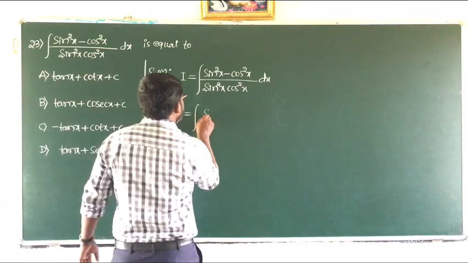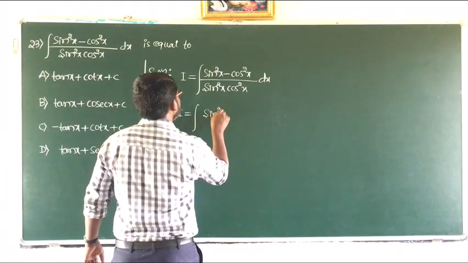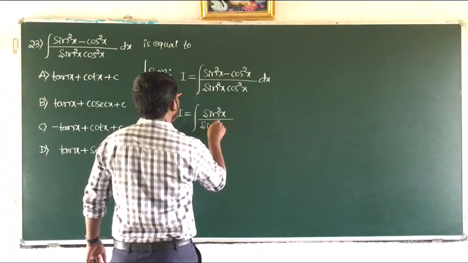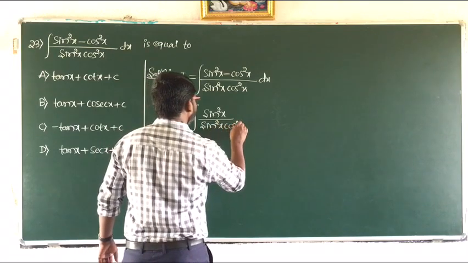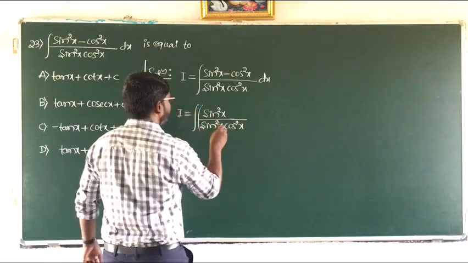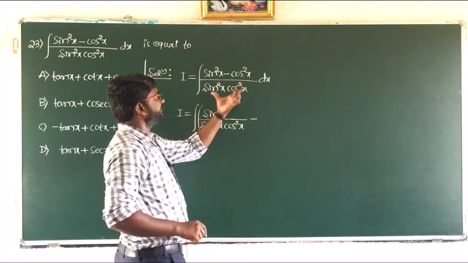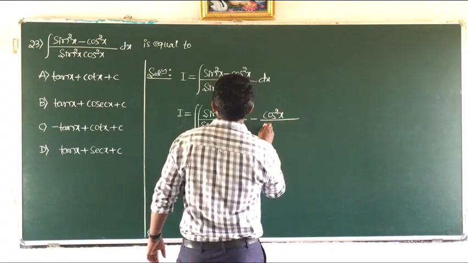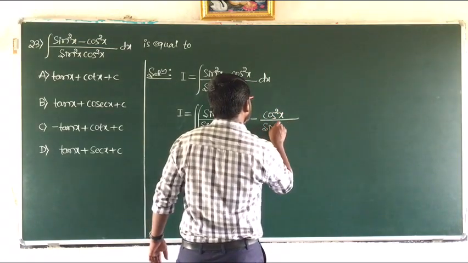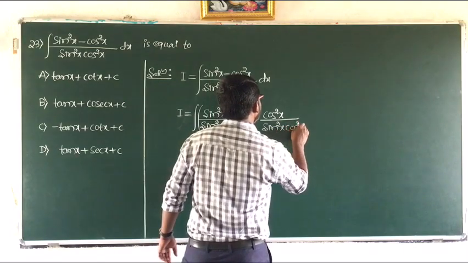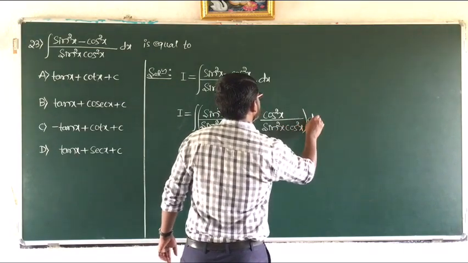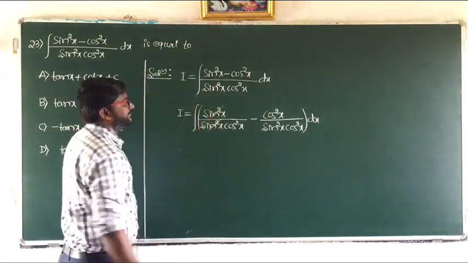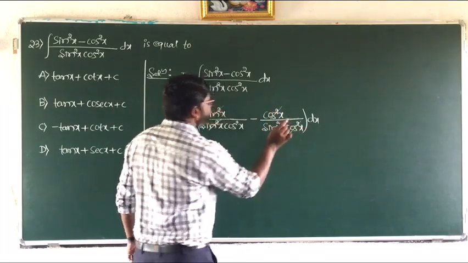We get sin square x divided by sin square x into cos square x, so minus cos square x divided by the denominator, sin square x into cos square x, dx. So now see here, sin square x and sin square x get cancels. Here cos square x and cos square x get cancels.